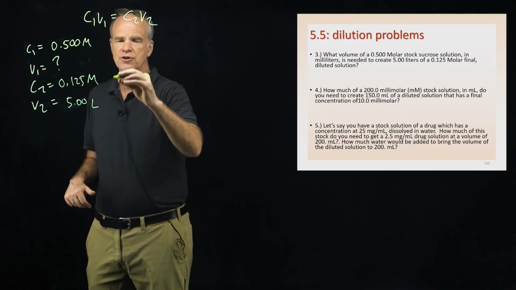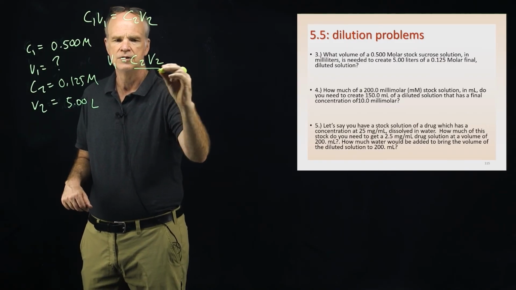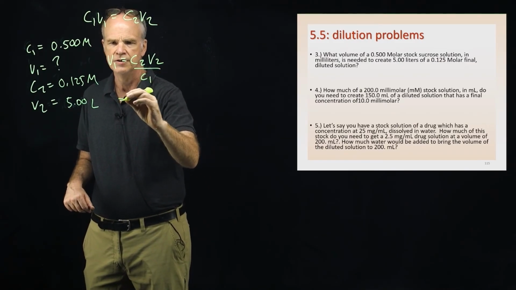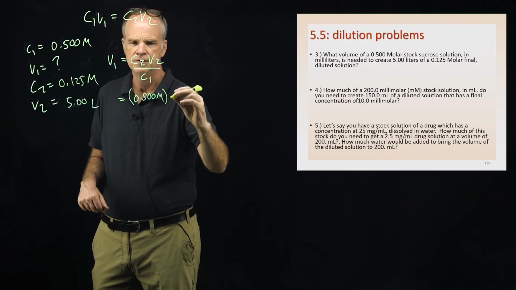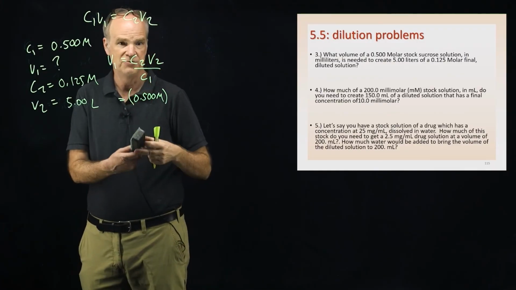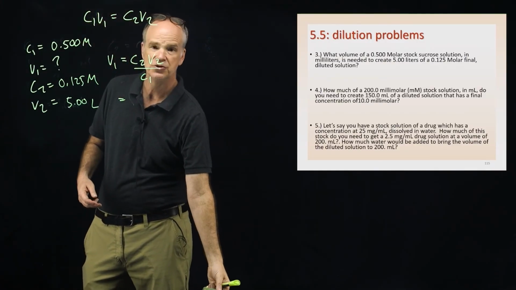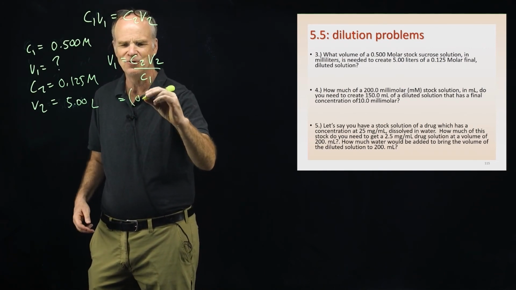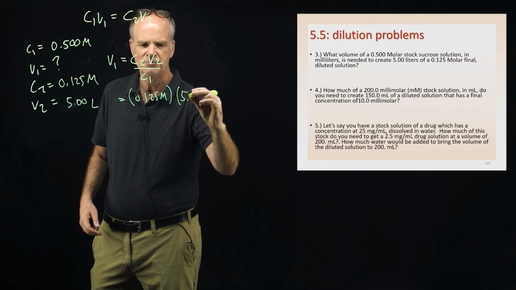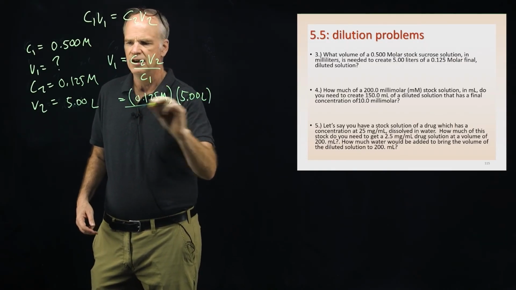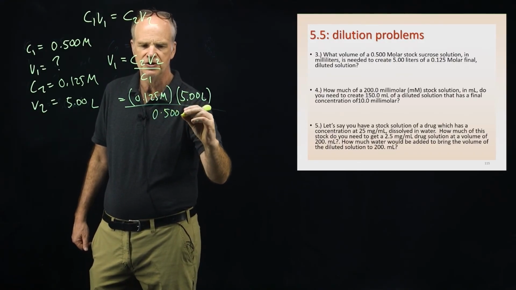So we're going to solve this for V1. Oh, you have to be careful. I just made a mistake. You have to put in C2, not C1. Don't do what I did. Okay, so 0.125 molar, V2 is 5.00 liters, and then C1 is 0.500 molar.